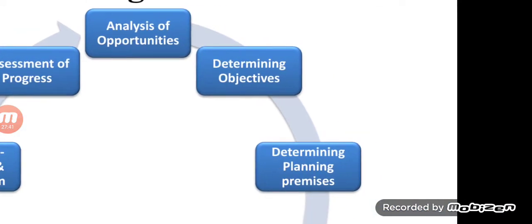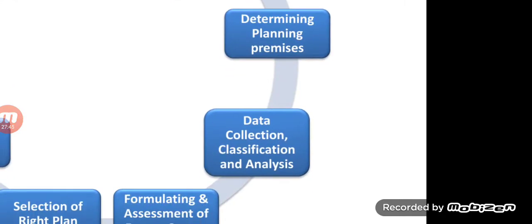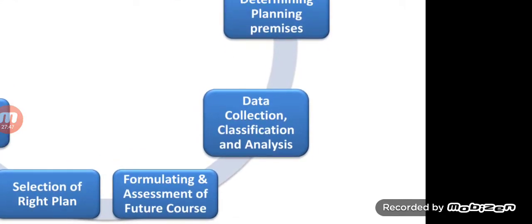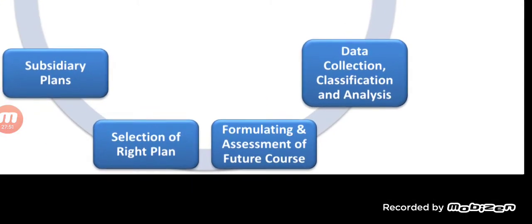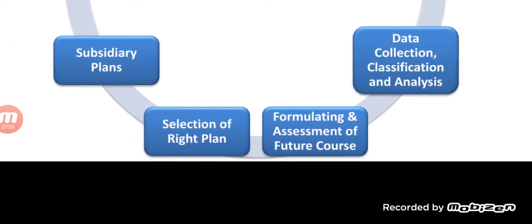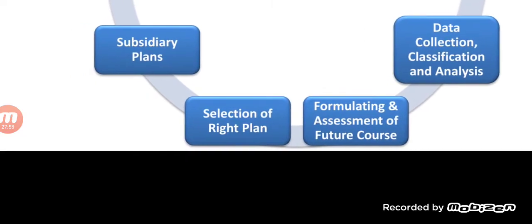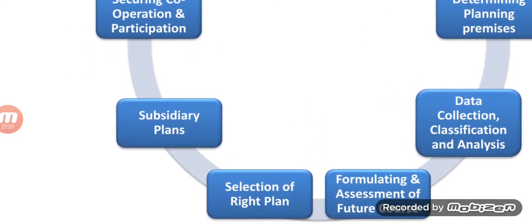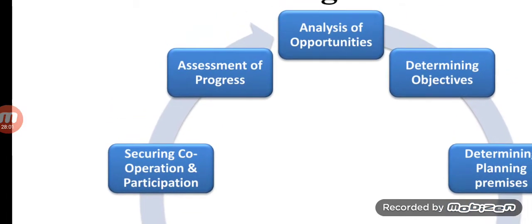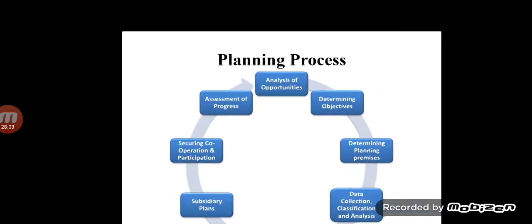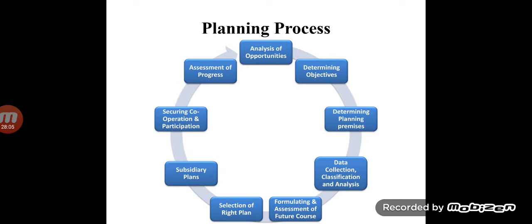Then determining objective, third one is determining planning premises, then data collection and classification and analysis, and then formulating an assessment of future course of action, selection of right plan, subsidiary plans, securing cooperation and participation, assessment of progress. These are the 9 basic points of the planning process.